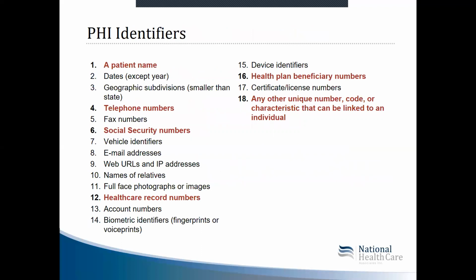Here's a list of certain PHI identifiers, including address, phone number, and medical record number. It is important to know that a PHI identifier can be any information that links medical information to a patient. The information does not necessarily need to contain the patient's name or Social Security number. It can even consist of unique numbers, codes, or characteristics.